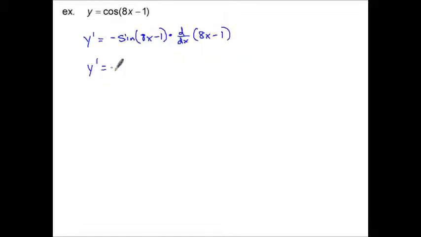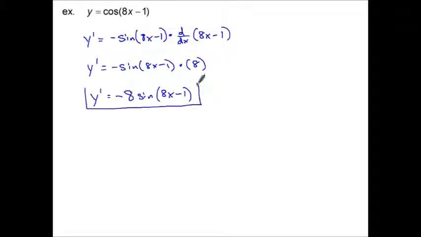So I've got negative sine of 8x minus 1, and now I'm going to multiply that by this guy's derivative, which is a nice clean simple 8. That's a little bit messy, so I'll clean it up, bring the 8 out in front along with the negative sign that was already there. It gives me negative 8 sine of 8x minus 1. And there's your chain rule derivative.